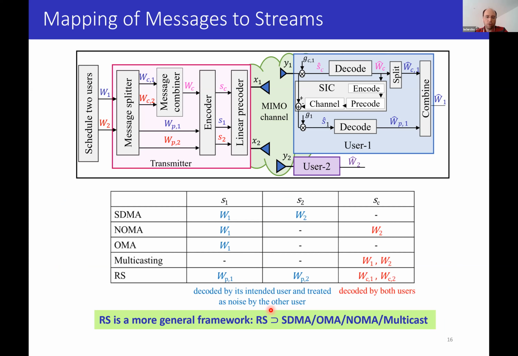Another way of seeing that is by looking at the mapping of messages to streams. In this architecture, we have 3 streams. And the question is, how do we map the messages or the bits to those 3 different streams? In SDMA, we take W1 and W2, and we encode them into S1 and S2.